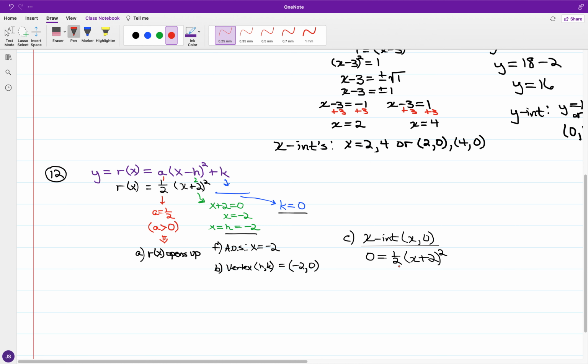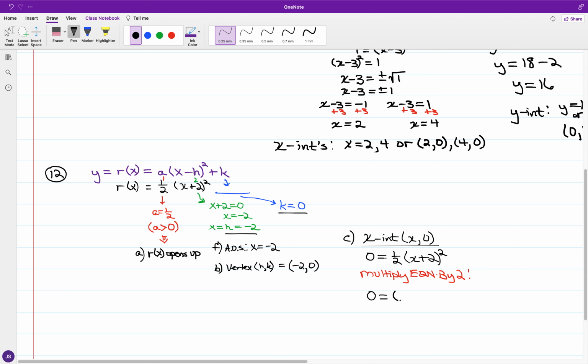And if I multiply the equation by 2 just to get rid of the fraction, so we got 2 times 0 is 0. We got 2 times 1/2 is 1.